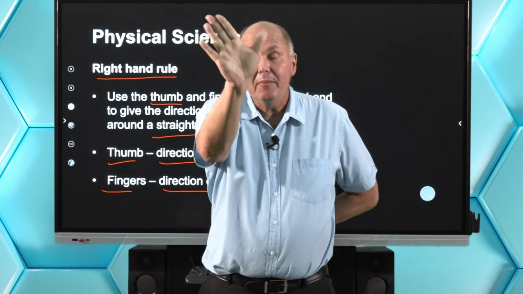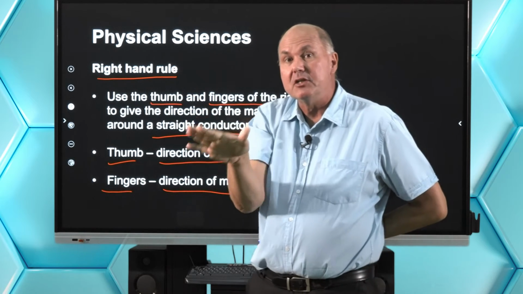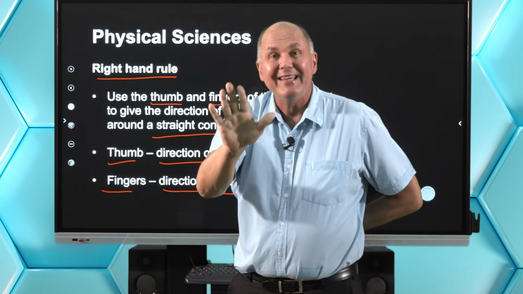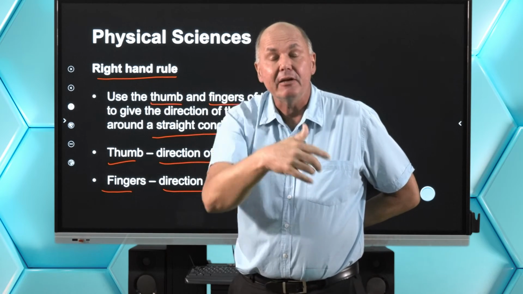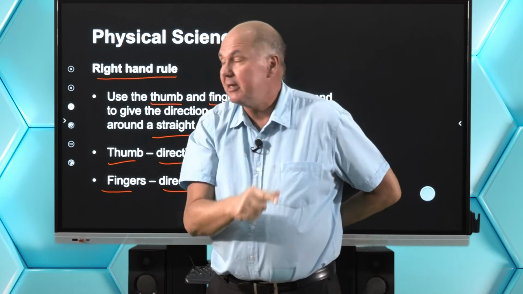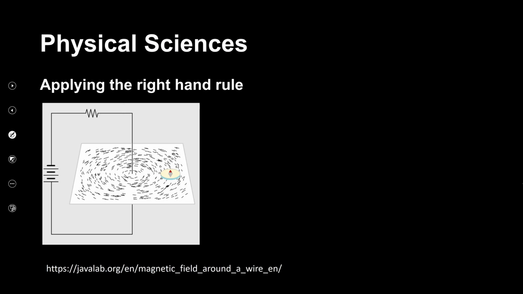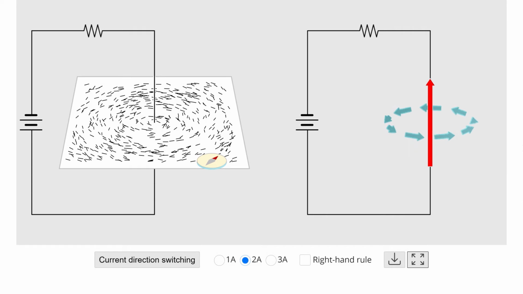So please remember, get your right hand ready, and even if you've got to stand up and get close to the screen, get ready to use your right hand as we investigate the direction of the magnetic field around a current-carrying conductor. So hopefully we've got it here, and that was the same diagram. I'm now going to go to the simulation where we can do some changes of things.